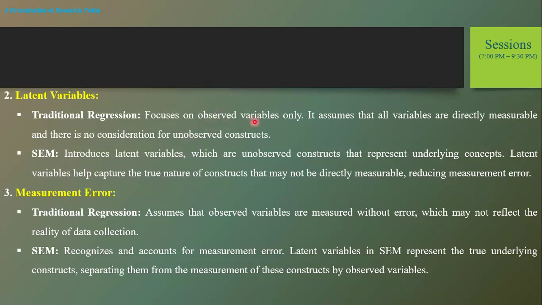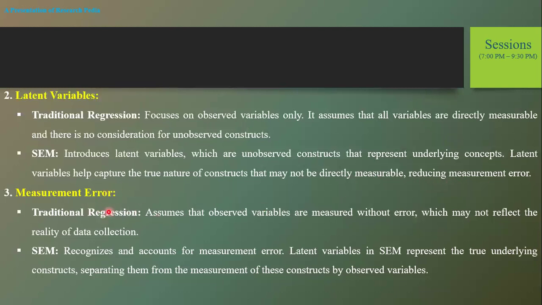But if they are already measured, if you have the values, if you have the measurements of your dependent and independent variables and you have already measured them, you need to go to traditional regression analysis. So SEM introduces latent variables which are unobserved constructs that represent underlying concepts. Latent variables help capture the true nature of constructs that may not be directly measurable, reducing measurement error.